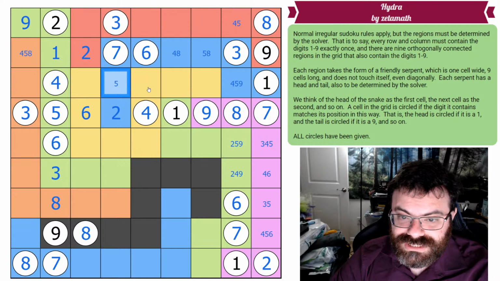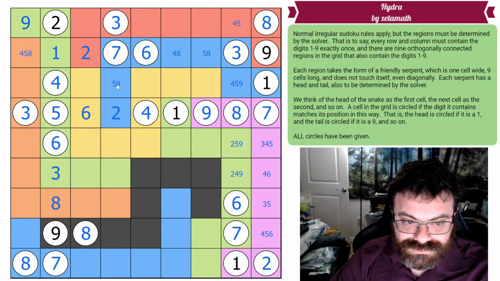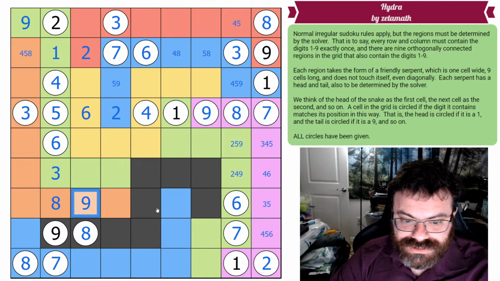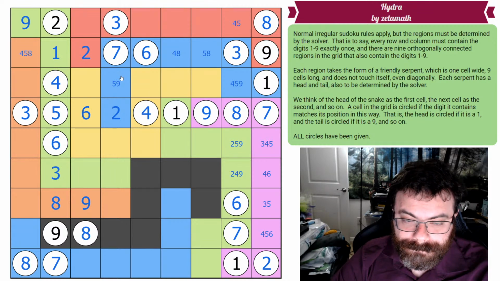We have 6, 7, we need 8, 9. This can't be 8 because of the negative constraint. Oh, 9 in orange. It goes here because it can't be here because of negative constraint. What else am I seeing?